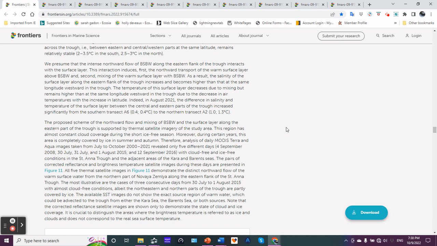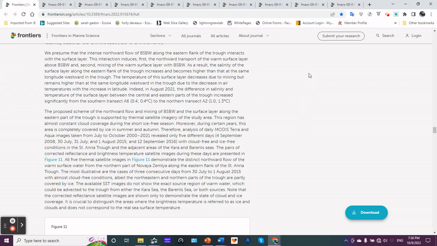As a result, the salinity of the surface layer of the eastern flank of the trough increases, becoming higher than at the same longitude westward in the trough. The temperature in the surface layer decreases due to mixing, but remains higher than at the same latitude westward in the trough. The difference in salinity and temperature of the surface layer between central and eastern parts of the trough increased significantly from the southern transect to the northern transect.